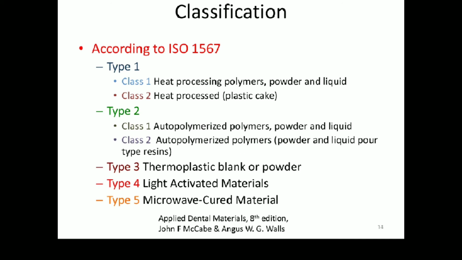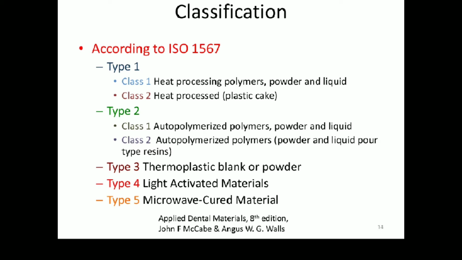Now there are different classifications, but there are two important classifications which I kept here. If you write these two, it's enough. According to ISO 1567, International Standards Organization, the main classification is divided into 5 types. Type 1 goes into class 1 and class 2.